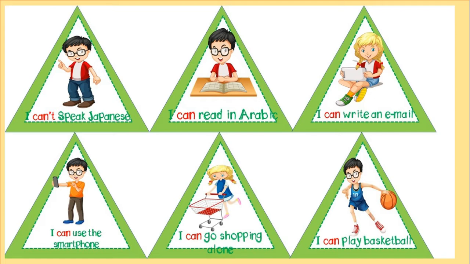What do you see? Look at these words in red. What do they represent? Can't. Can. I can read in Arabic. Normally, you have seen this during 2MS, so you know what it expresses. Yes?